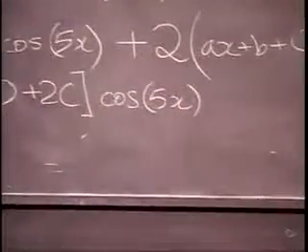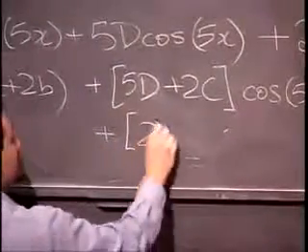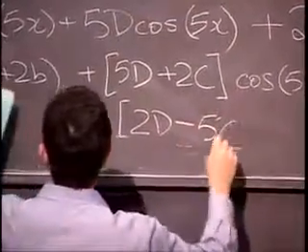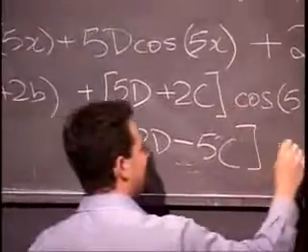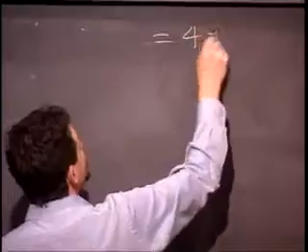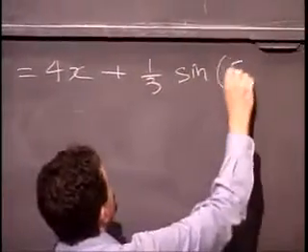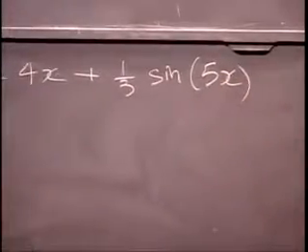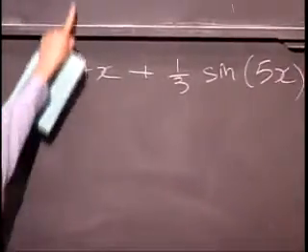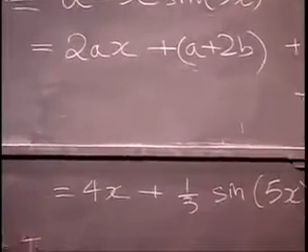And the sine term is, well, we have a 2d from over there, minus 5c from over here. And this is supposed to be equal to the right-hand side of the original equation, 4x plus 1/3 sine 5x. Well, how are we going to make this so? The 4 here has to match the 2a over there. So we'll have 2a equals 4.